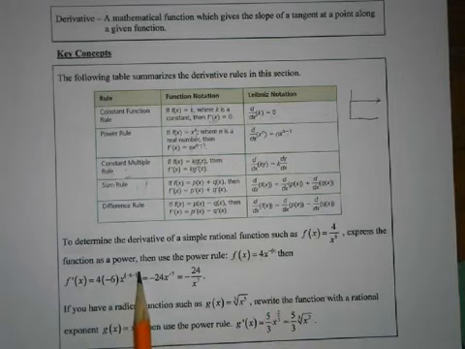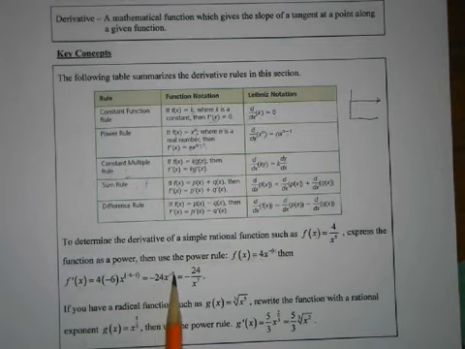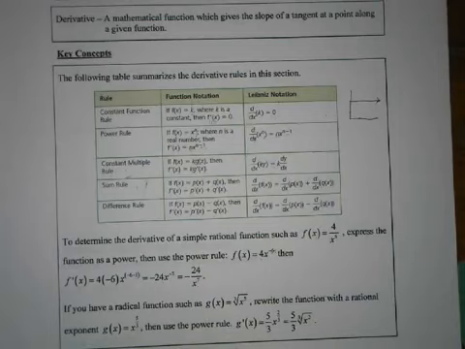So negative 6 minus 1 is your new exponent, and when you multiply these together you get negative 24x to the negative 7. Then we always fix the negative exponent and put it back under the division bar. So the derivative function, f prime of x, is equal to negative 24 over x to the 7.